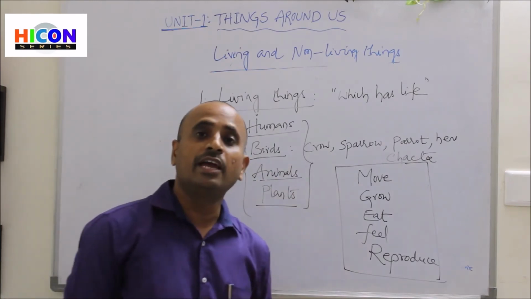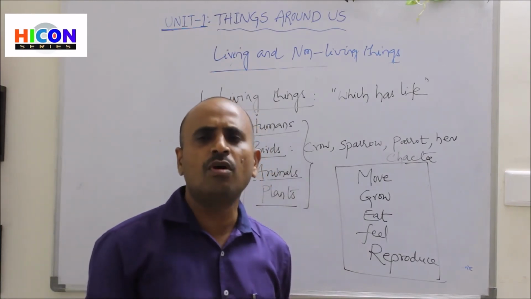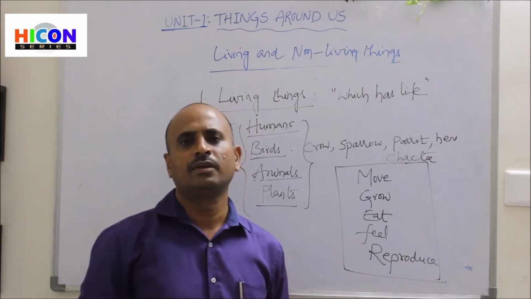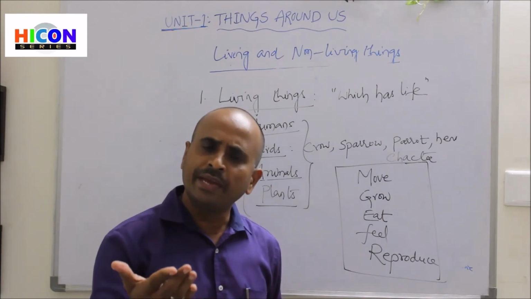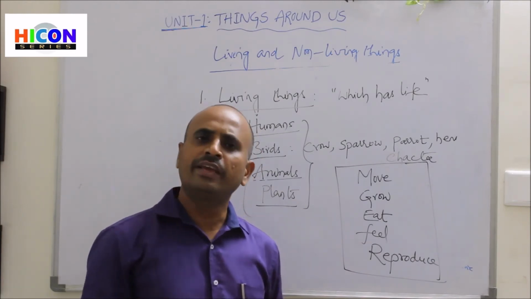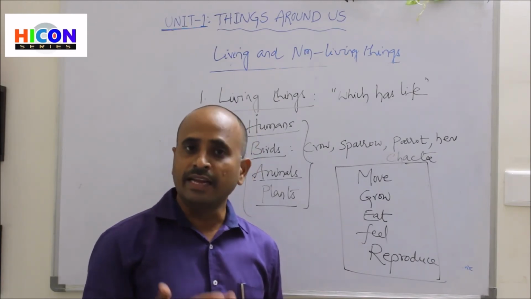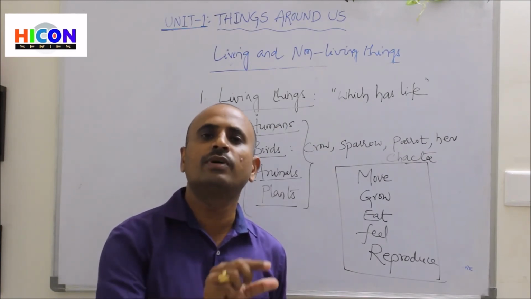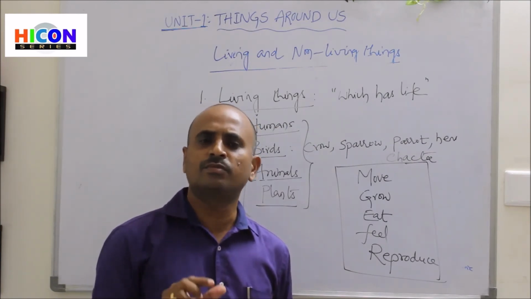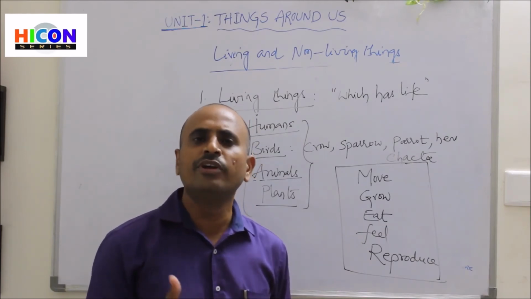Now I am going to give you a small exercise. All children, take a white page and a pen and write any 5 living things in your surroundings. This is the small exercise I am giving to you.